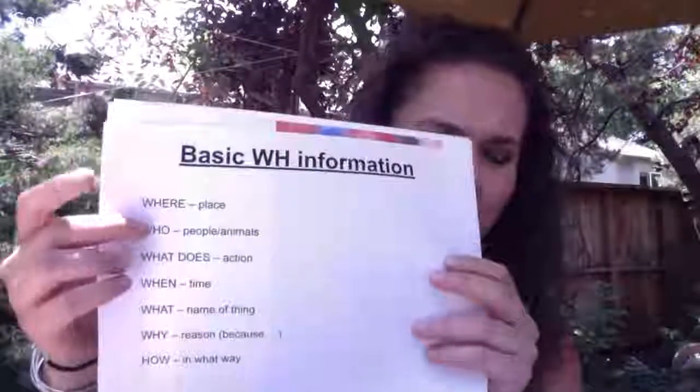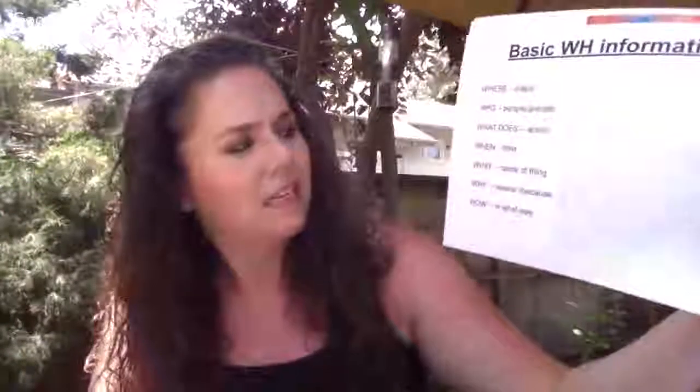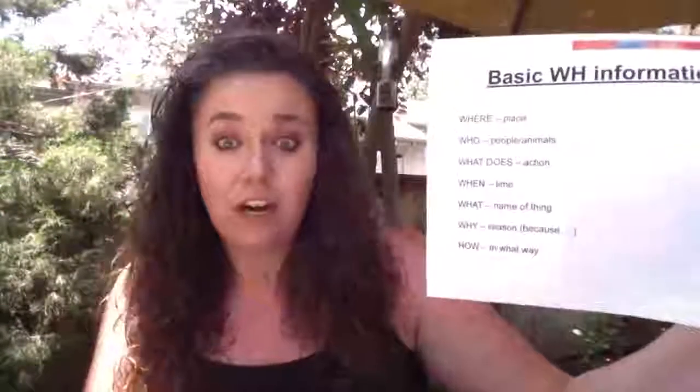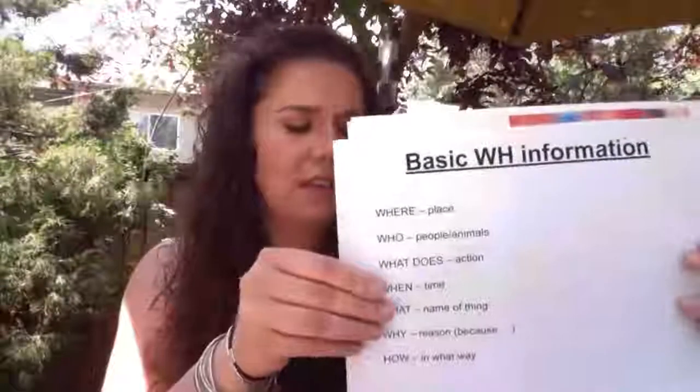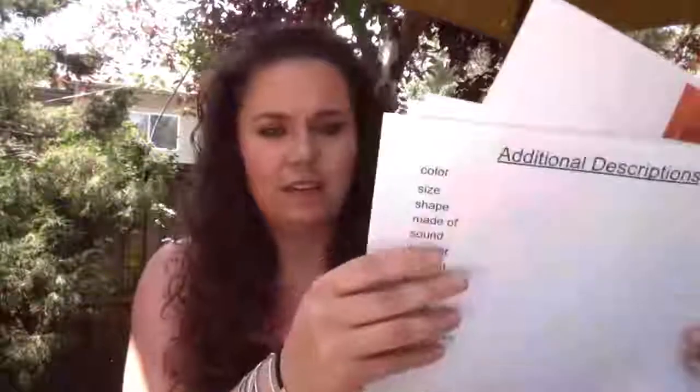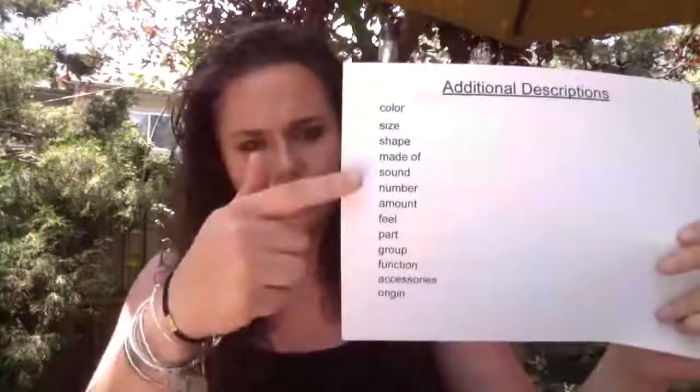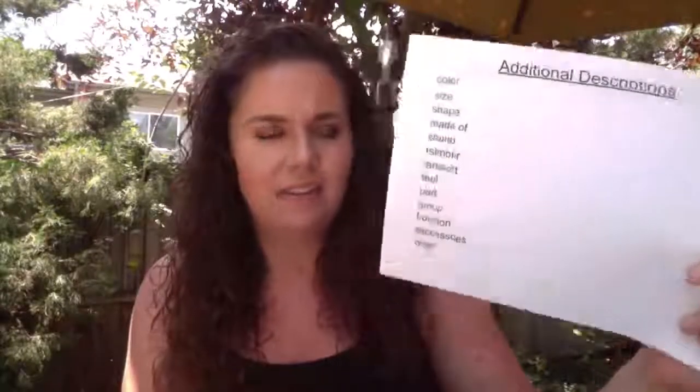Some of the descriptors that we start adding are just the basics: where, who, what, when, that we start adding detail to the sentence. And then you can go on to some more details that you can add, like the color, the size, the shape, all that fun stuff.